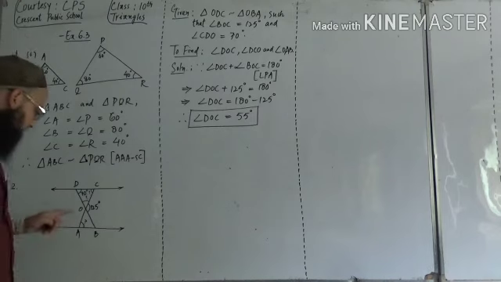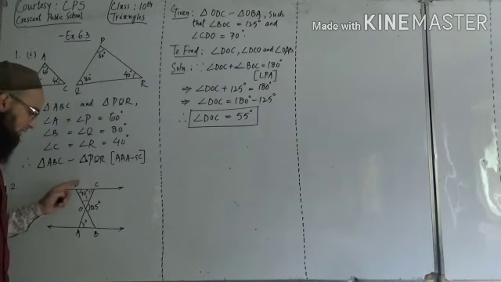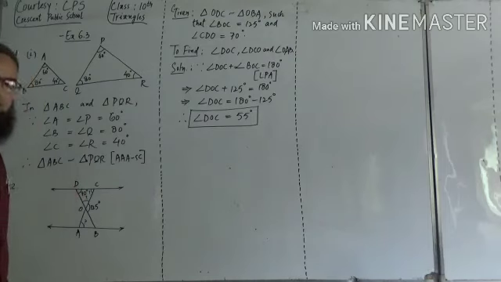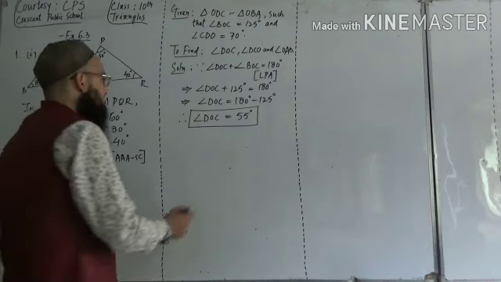Now DCO. For DCO you can apply the angle sum property in this triangle because two angles are now known. Then apply the angle sum property and you'll get the third one.